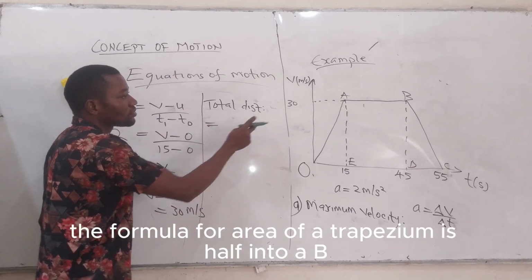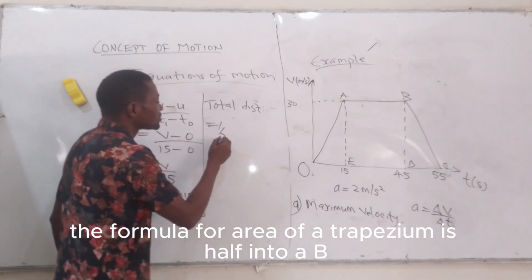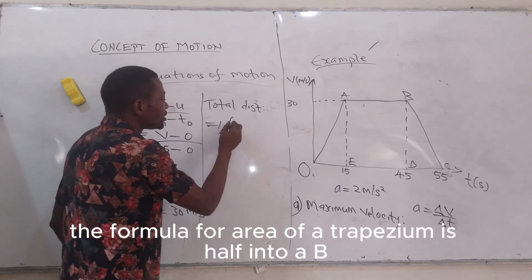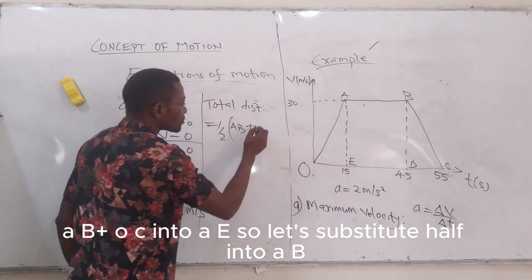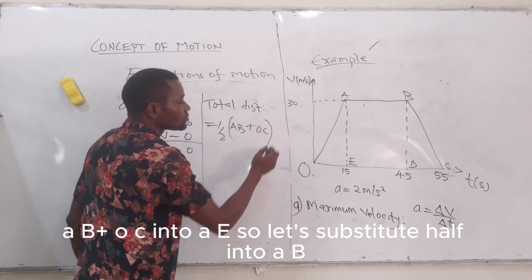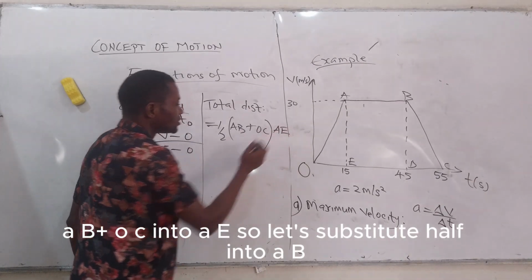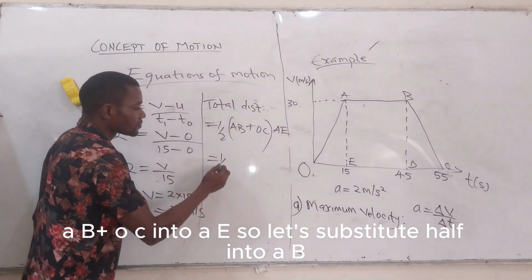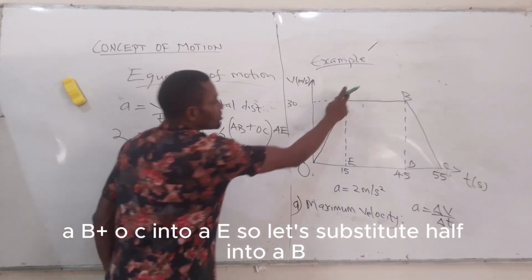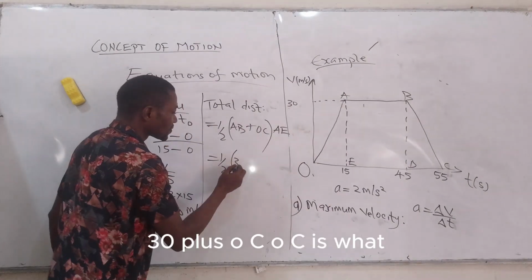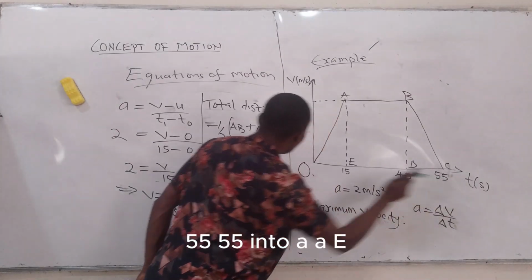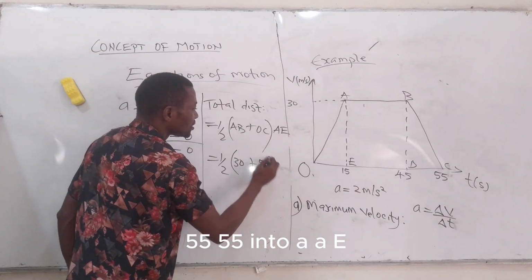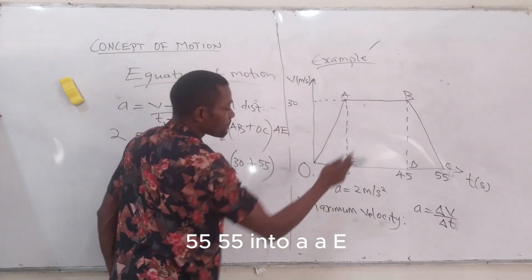The formula for the area of a trapezium is half into AB plus OC into AE. So let's substitute: half into AB. AB is what? 30. 30 plus OC. OC is what? 55. 55 into AE.